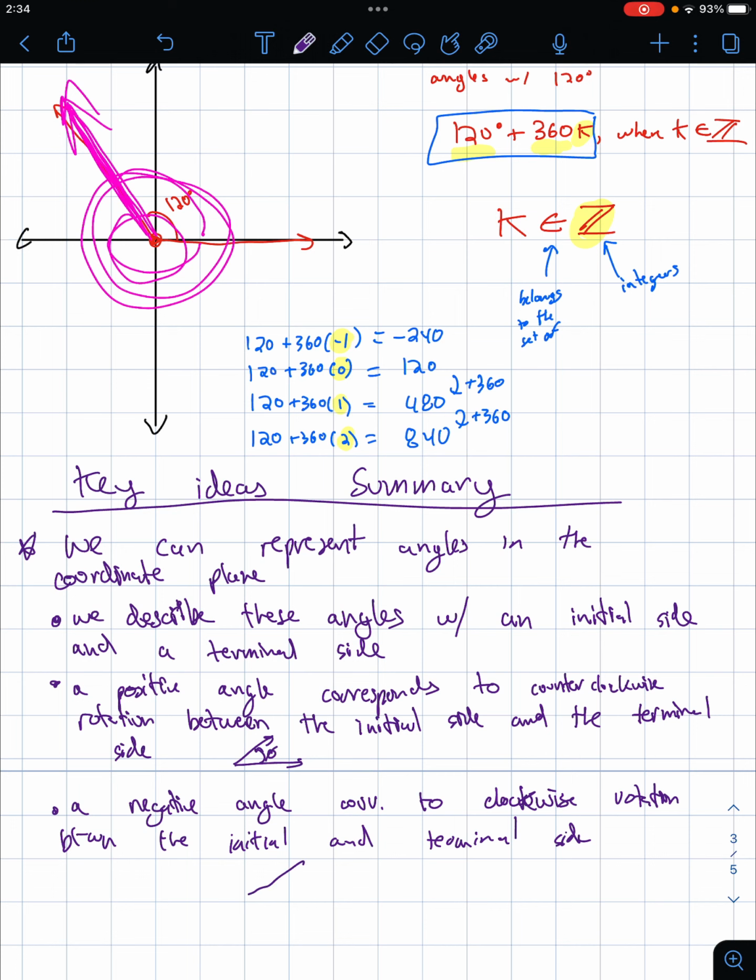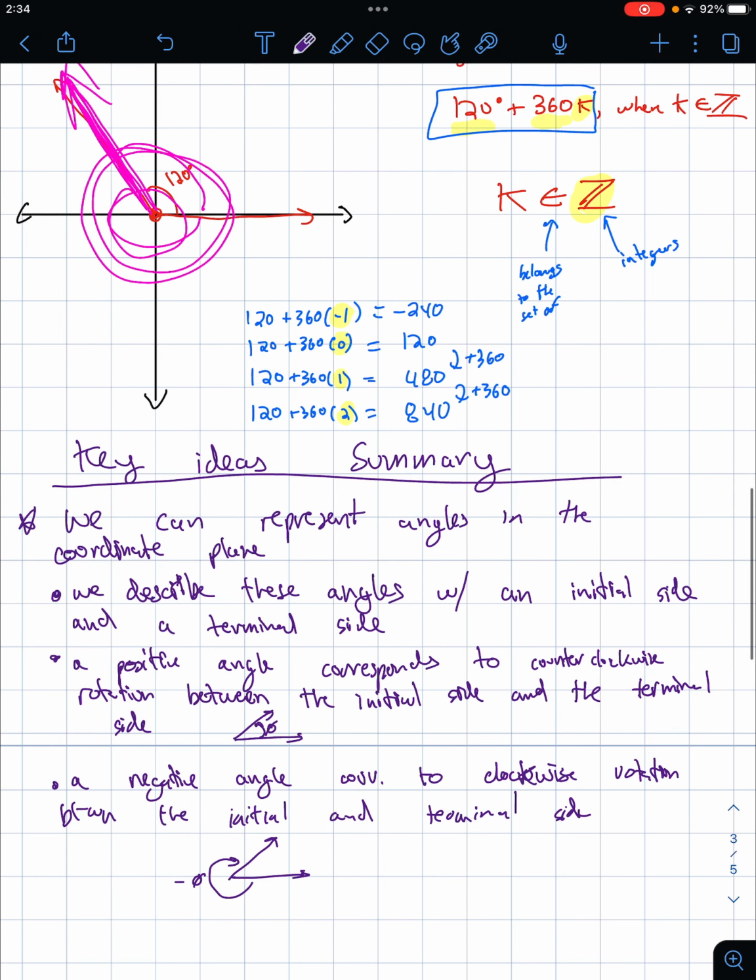So if I have an angle maybe like this, that would be negative. But I could also have that exact same angle as before and describe this part of it as the angle, but that would be considered a negative angle. Okay, so those are some key ideas.